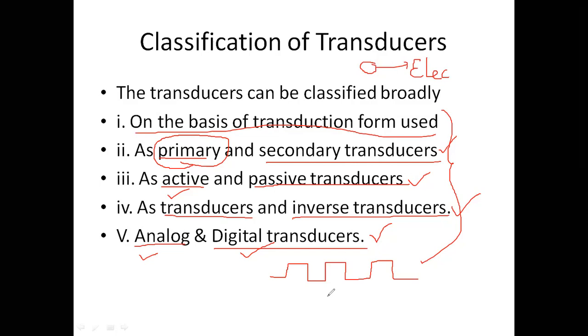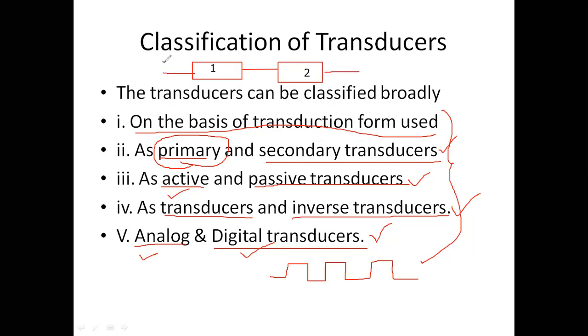Each and every time, a single instrument doesn't give me electrical output, so I have to use a series of transducers. For example, here I am using two transducers, transducer 1 and transducer 2, to convert the input into electrical form.